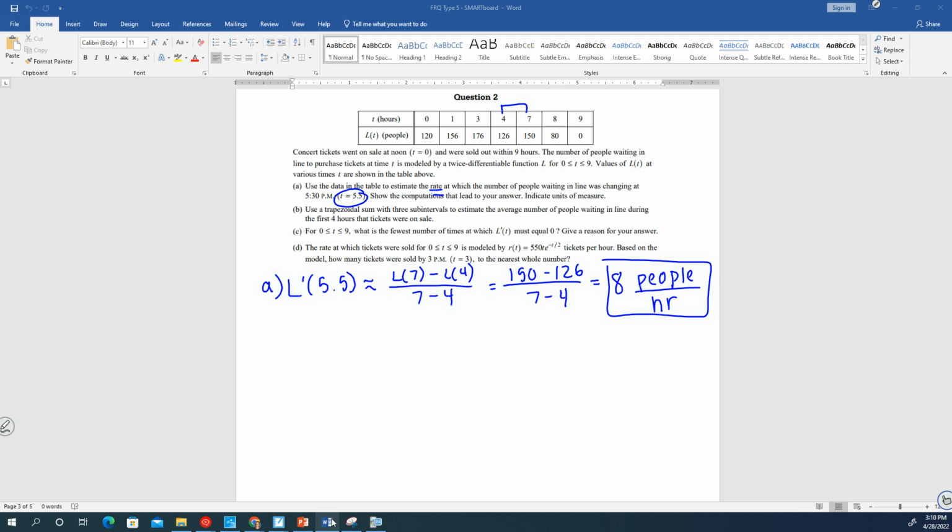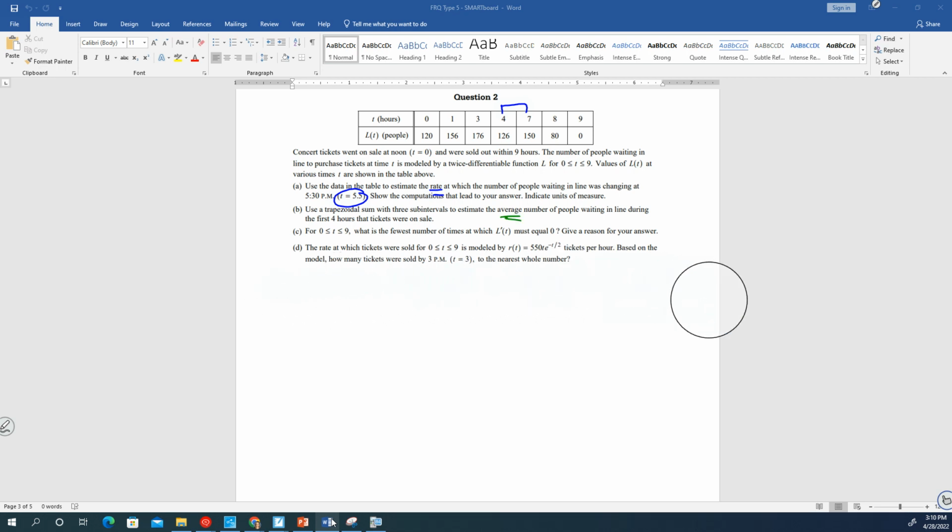All right. B says, use a trapezoidal sum with 3 subintervals to estimate the average number of people waiting in line during the first 4 hours that the tickets went on sale. Okay, so average, I want to do 1 over 4 minus 0, and then the definite integral from 0 to 4 of L of t dt.